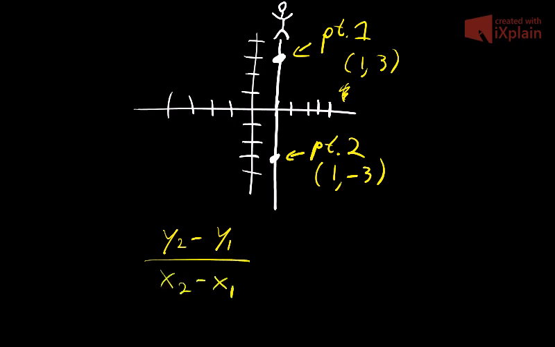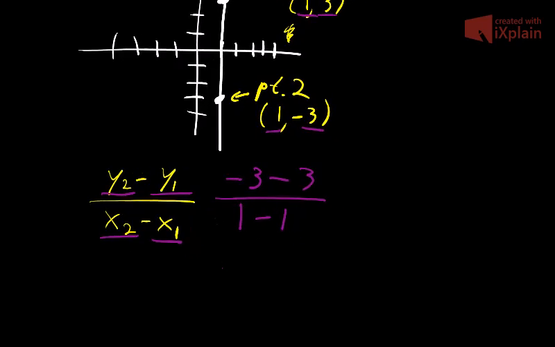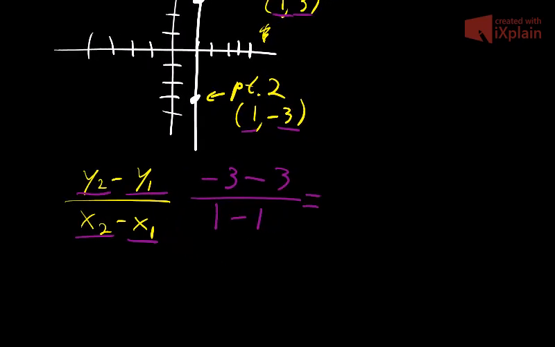So y2 is the y of our second point, which is -3, minus y1, the y of our first point, which is 3, divided by x2, which is 1, minus x1, which is also 1. Going a little further, -3 minus 3 is -6, divided by 1 minus 1 is 0.